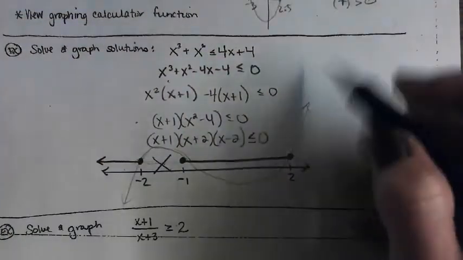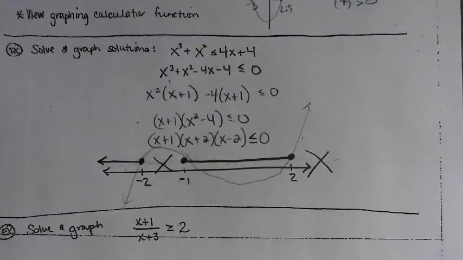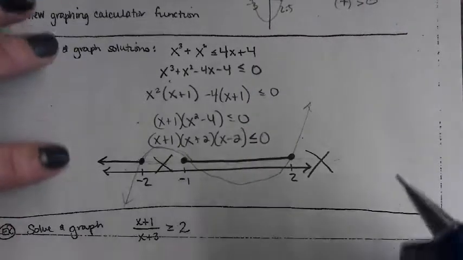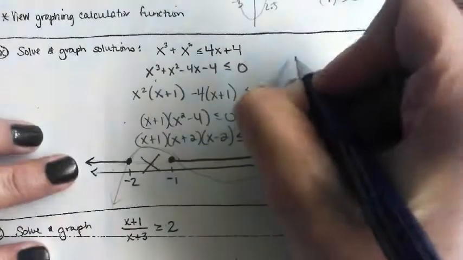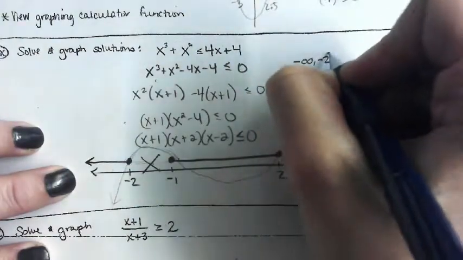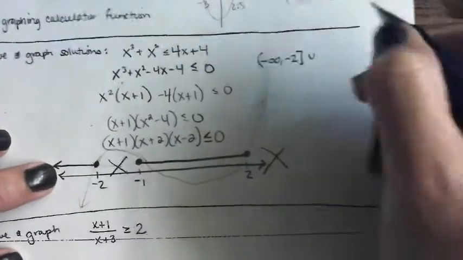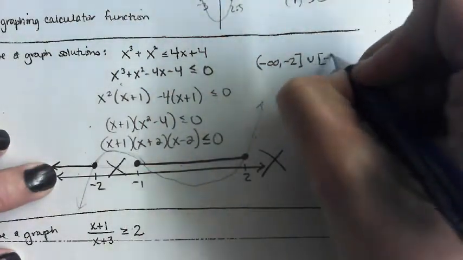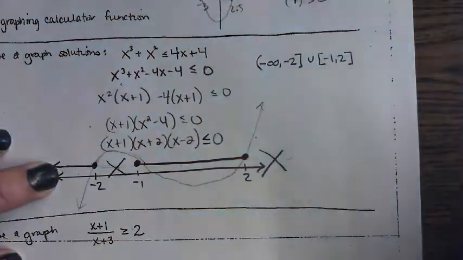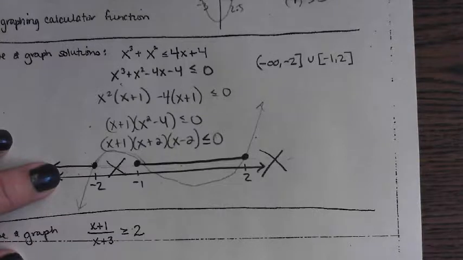And then over here, we're above the x-axis, so that section will not work. So our solutions, and let's go interval notation, are negative infinity to negative 2, this time with a bracket on the negative 2, union with negative 1 to 2. Good?